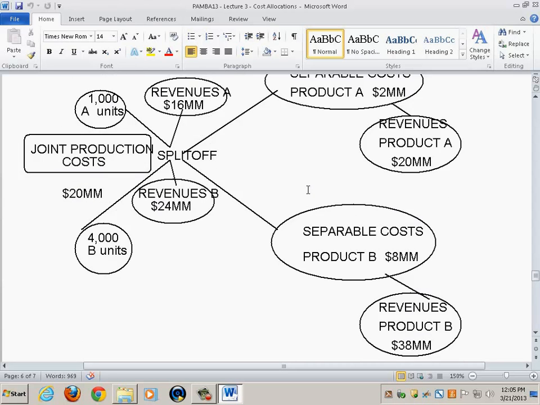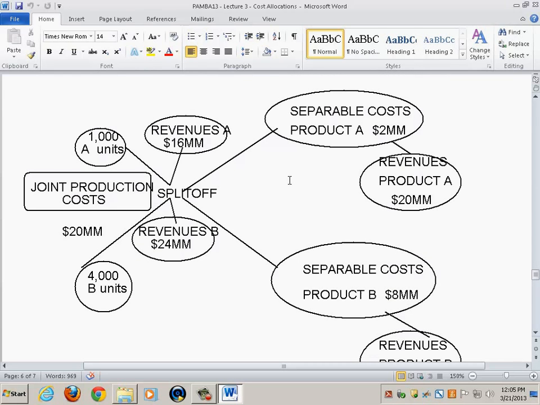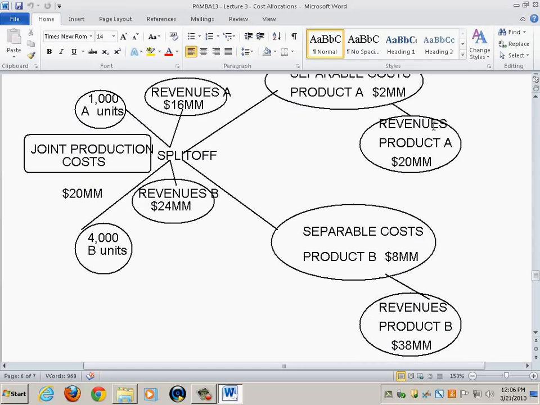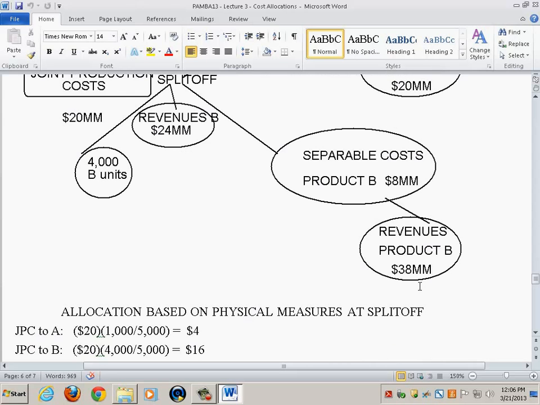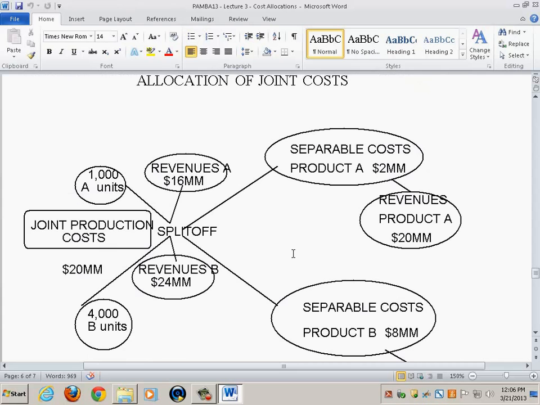And then what is estimated at split off is what kind of revenue we can generate if we sell the complete products, the finished products, A and B. And the estimates are $20 million revenues for A and $38 million revenues for B. Okay, so that's the story in terms of numbers. Any questions about the numbers?